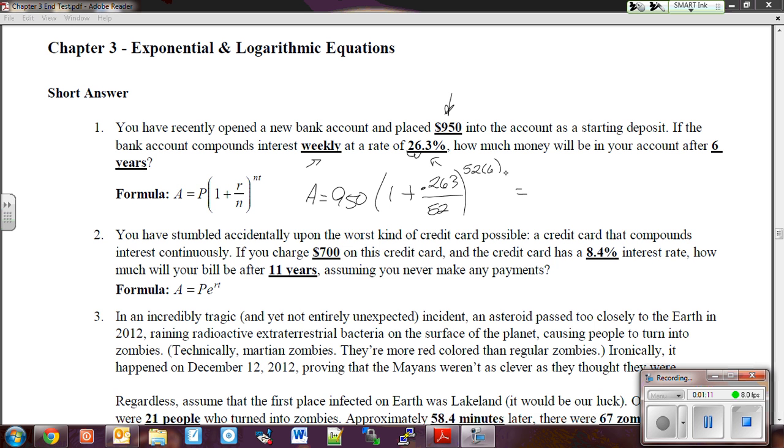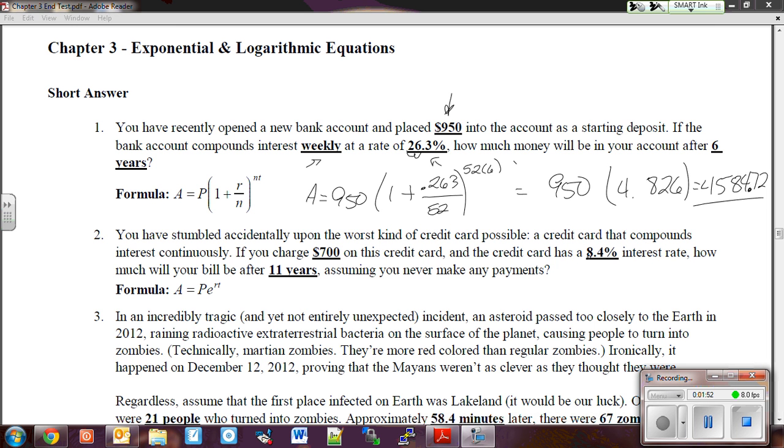So the 1 plus 0.263 over 52, raised to 52 times 6, will give us 4.826, and it'll be that times 950, which is $4,584.72. All right, so that's how much money you're going to have after 6 years.